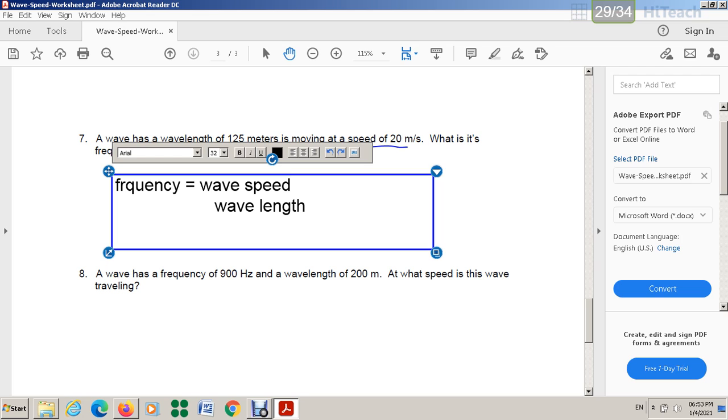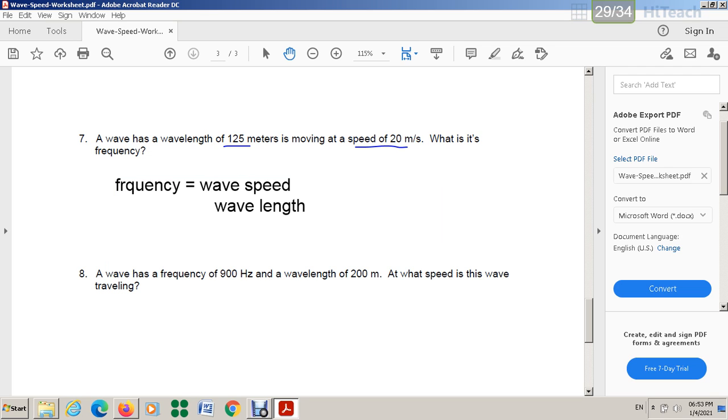Okay, so this one equals, you have the wave speed, which is 20, and the wavelength here, which is 125.